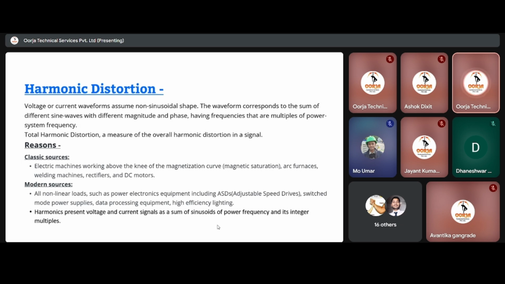Modern sources, all non-linear loads such as power electronics equipment, including ASD, adjustable speed drives, switched mode power supplies, data processing equipment, high efficiency lighting. Harmonics present voltage and current signals as a sum of sinusoids of power frequency and its integer multiples.